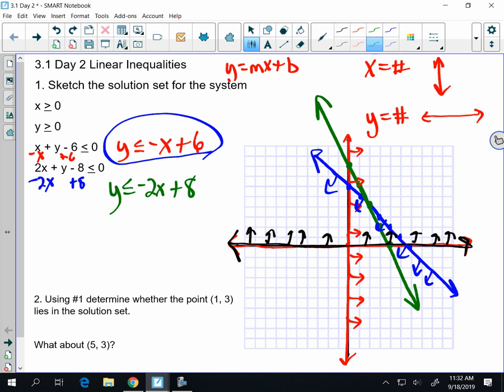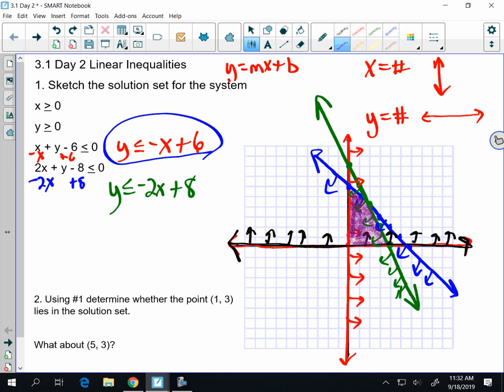And then the green line is also less than. So think about where I want to shade. I want to shade everywhere that it's both below the green line and the blue line, but greater than the red line and the black line, which I'm going to change to crayon here so you can still see it. I think it would be this area here, right? Everything in this little trapezoid.